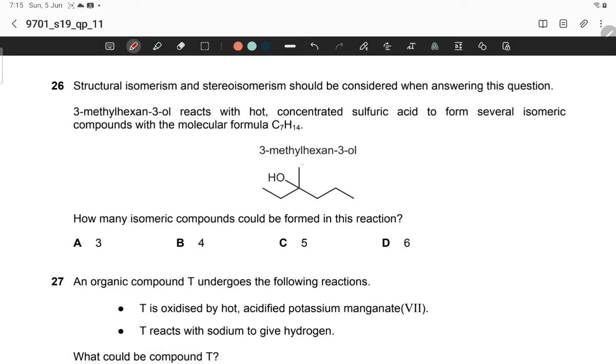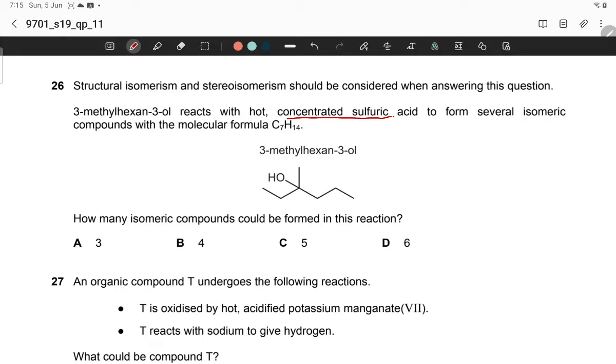This is to form several isomeric compounds with concentrated sulfuric acid.